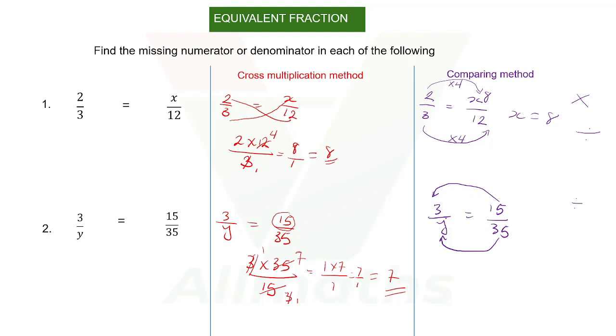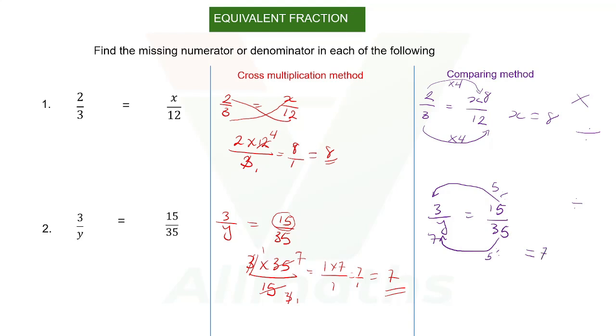If you use your 3 multiplication table, you realize that 3 times 5 is 15, meaning that 15 had been divided by 5 to produce our 3. Therefore, our 35 should also be divided by 5 to produce what? 7. So as I said, this method is quite faster and easier provided you are conversant with your division and multiplication. So our y in this case is 7.